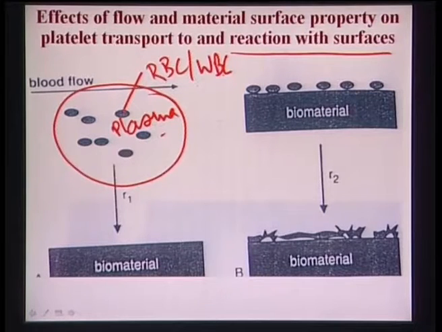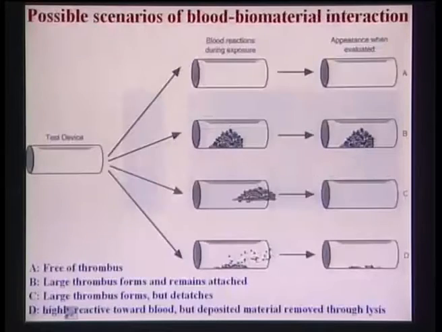Initially, protein is adsorbed first, and after this protein adsorption, the blood cells will be adhering. They can spread on the surface the way normal cells like fibroblasts and osteoblasts spread on the surface. Now, I thought I will first show you, so that you understand what a thrombus is and what the different possible reactions are.